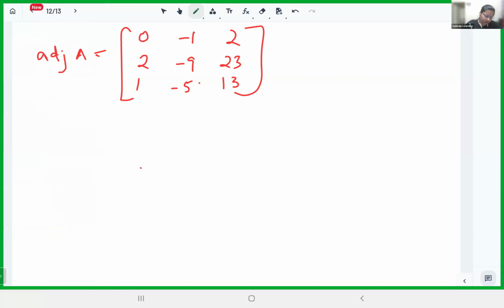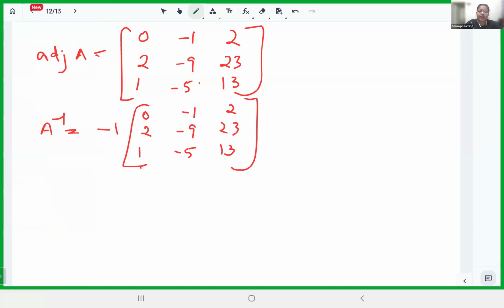And what about A inverse? A inverse is equal to, determinant was minus 1. So minus 1 into A inverse is equal to minus 1 into adjoint of the matrix. Minus 1 into 0, minus 1, 2, 2 minus 9, 23, 1 minus 5, 30. So if you multiply this matrix with minus 1, what is the result?